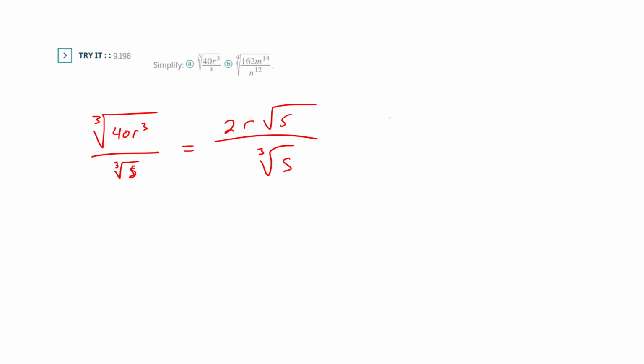Okay, so for B, we're going to split this into 2 because it didn't simplify. Now the top, try it, trust me on this, or check it out yourself. I am left behind with that.